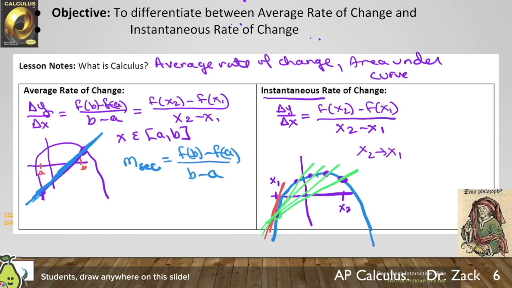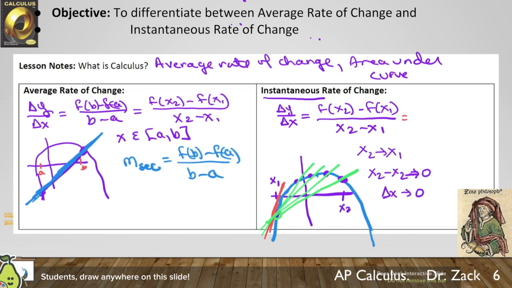So as x2 travels closer and closer to x1, wouldn't the difference between those two values tend to go towards 0? So x2 minus x1 is tending towards 0, and we're going to give that a little bit more sophisticated name. Let's call that delta x. So the change in x, well, wait, that's what we were using before, is tending to go towards our 0.